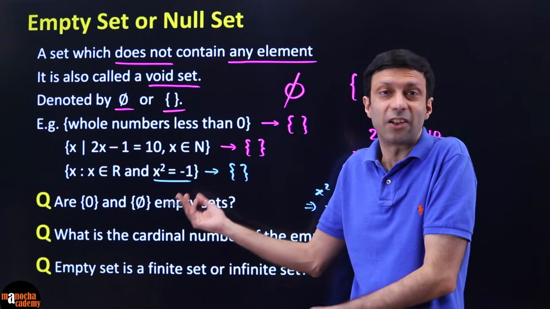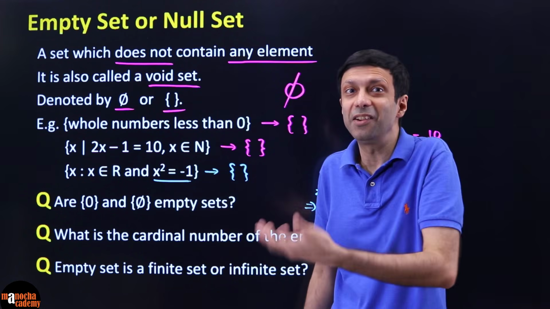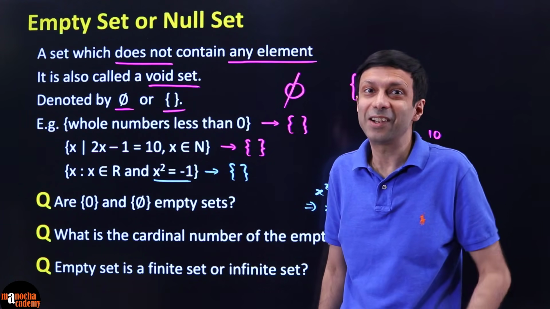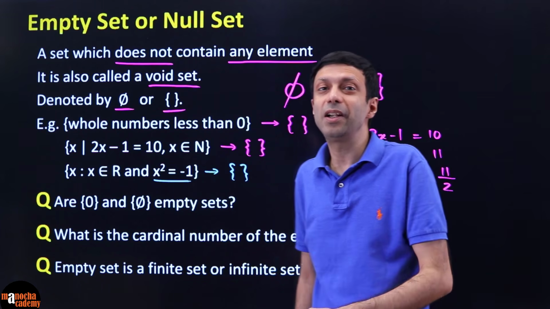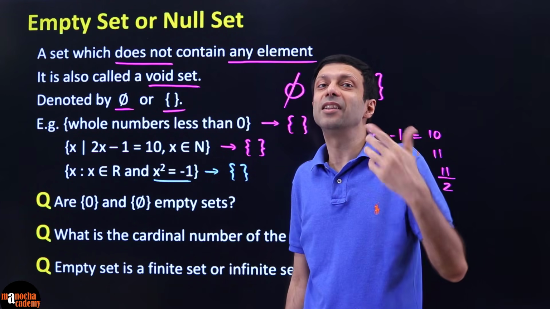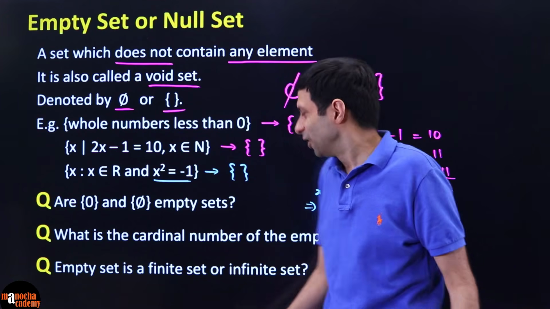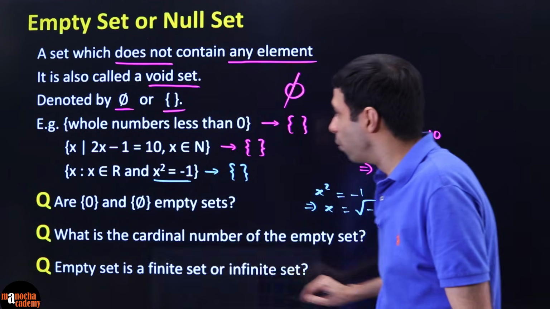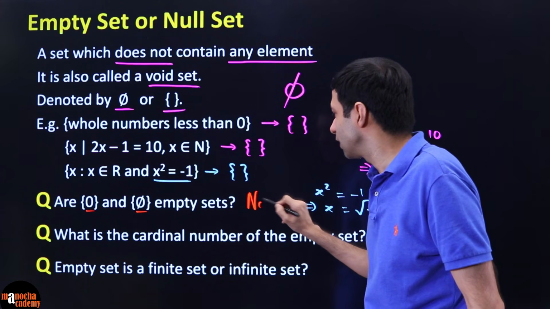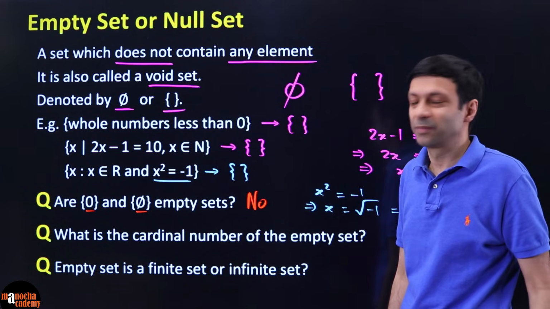We can say it's a Greek letter. So you have put the Greek letter in the set. So definitely these are not empty sets. In fact, they contain one element. They are the unit set or the singleton set. Since they have one element each, these are not empty sets. Answer is going to be no.